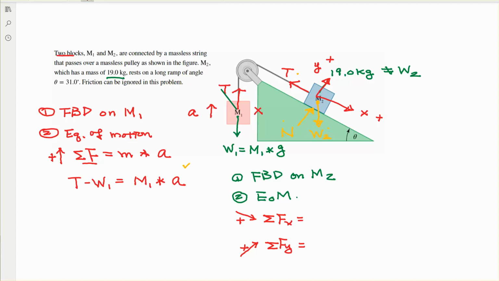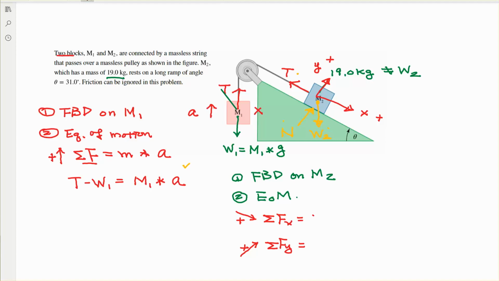I don't know if this block actually moves to the right. It could move to the left, unless you know the mass, right? If M1 is heavier, then you are going to expect block 2 to move upwards, so it's going to move left. Alright, so what is the result if you have a force along the x direction?